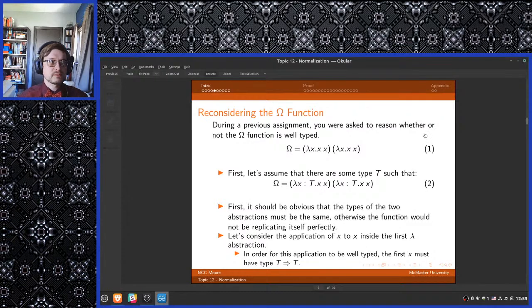In order to perfectly replicate itself, it would need to also replicate the typing. So the types of the two abstractions must be the same, otherwise the function would not be replicating itself perfectly. Let's consider the application of x to x inside the first lambda abstraction. In order for this application to be well typed, the first x must have type t yields t.